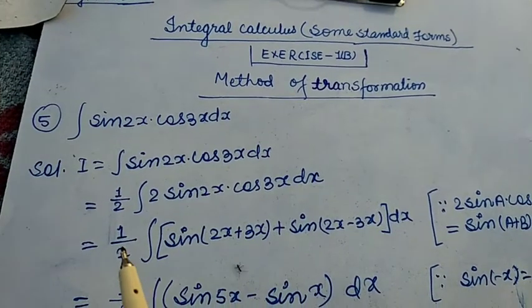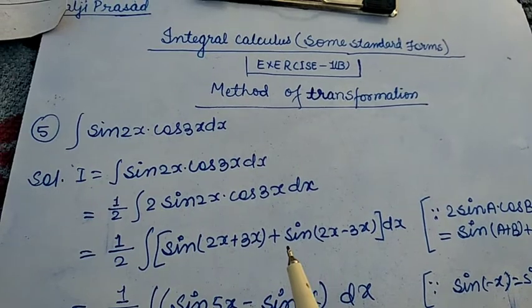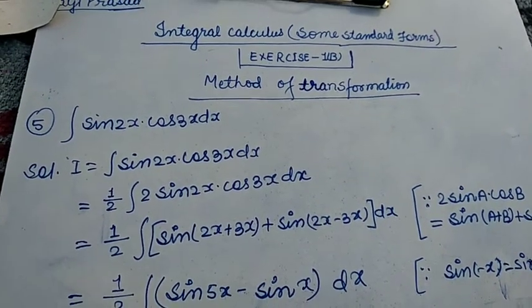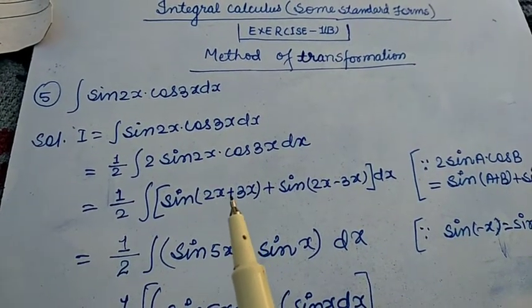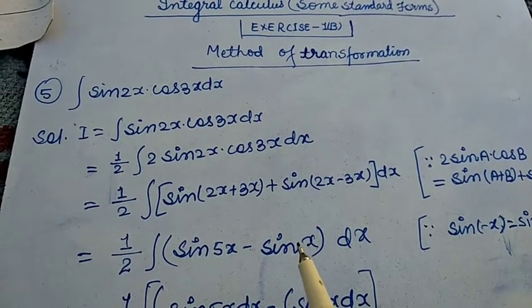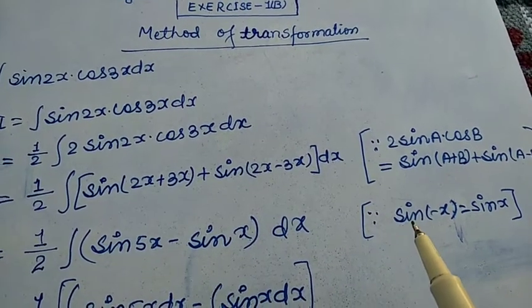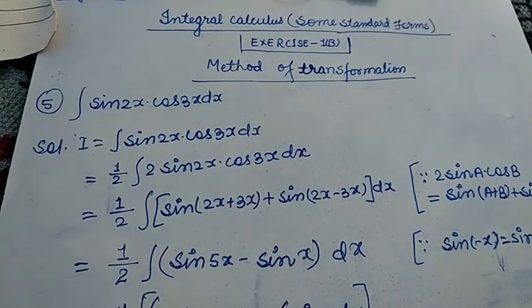So you can see here 1 upon 2 into integration of sin(2x plus 3x) plus sin(2x minus 3x) into dx. In the next step, we have added both the angles, so it is 5x, and here we have subtracted, so it is minus of sin x, because sin of minus x is equal to minus sin x. We know that.